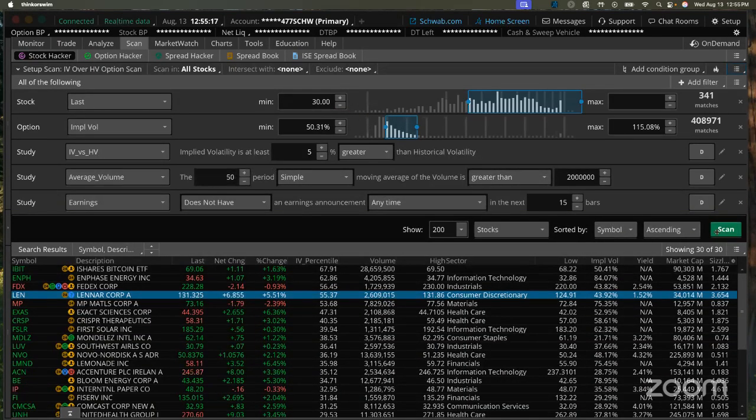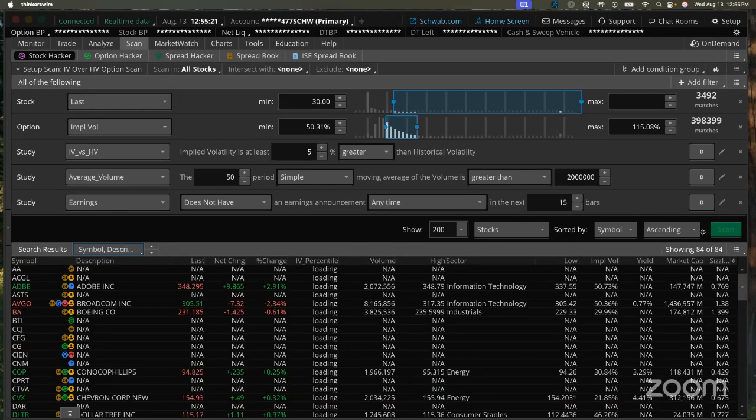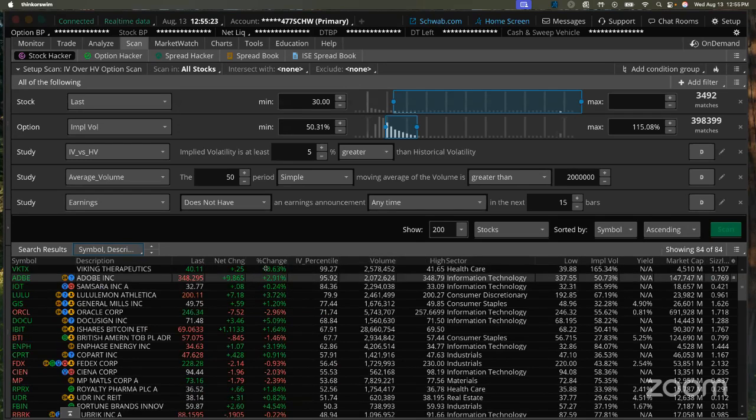And again here, I scan and I got 84 stocks. Now I'm looking for a different kind of setup, implied volatility 50%.